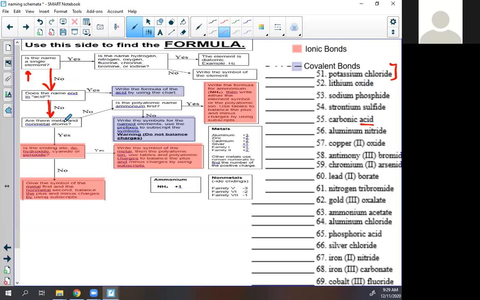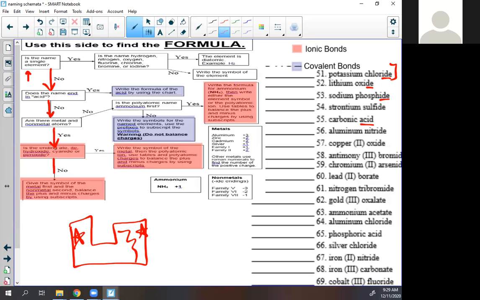Are there metals and non-metals? Well, that's tricky. You've got to really know those now. Staircase. We have one from here and one from here. So what's the answer? Yes. Does the ending, this box is always asking about how it ends, is the ending ATE, ITE, hydroxide, cyanide, or peroxide?